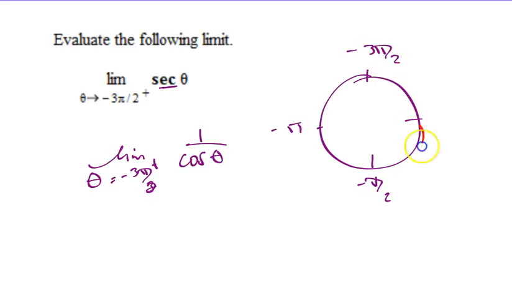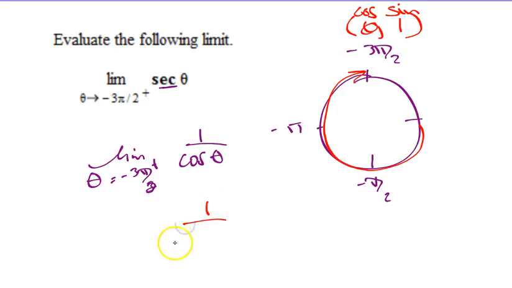So I'm going around the circle backwards. The cosine is going to approach a 0 because cosine is the x-coordinate, sine is the y. And I'm approaching it negatively, so it's a negative really small number, which is a negative big number, infinity.